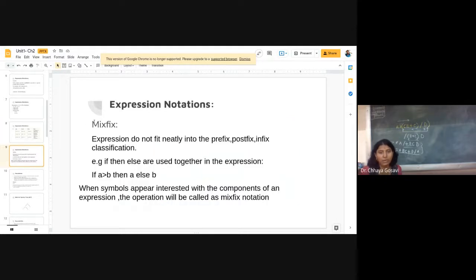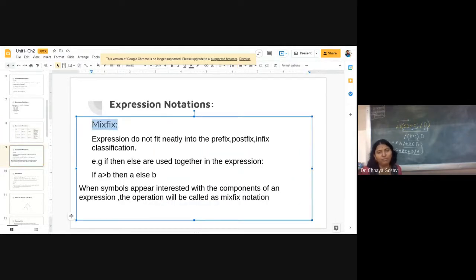Now what is mixed fix? Mixed fix means it is not fixed. Operator can come anywhere. It is not compulsory that it will come in between, or plus or at the end. So some expressions do not fit neatly into prefix, postfix or infix classification. For example, we have if then else statement. So sometimes we just use if and expression, or if then, that is if and else, or if condition is true, else this condition, other else.